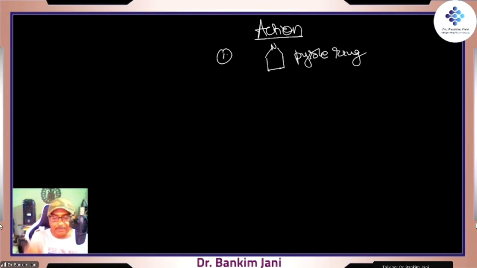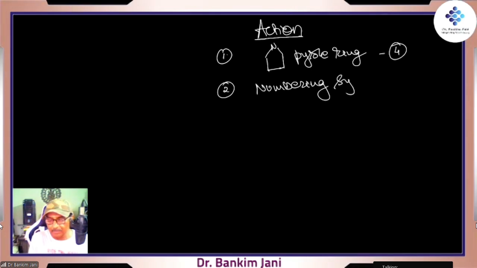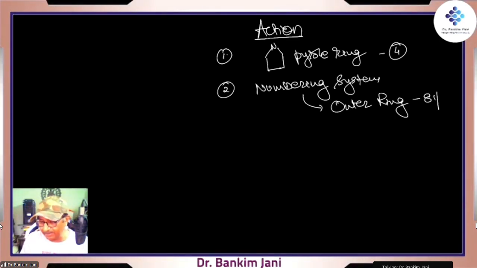We'll first draw 4 pyrrole rings separately. Then we'll see the numbering system. In the numbering system, focus on the outer ring. There would be 2 rings, but first our focus will be on the outer ring, which will have 8 points. So we'll name those 8 points.